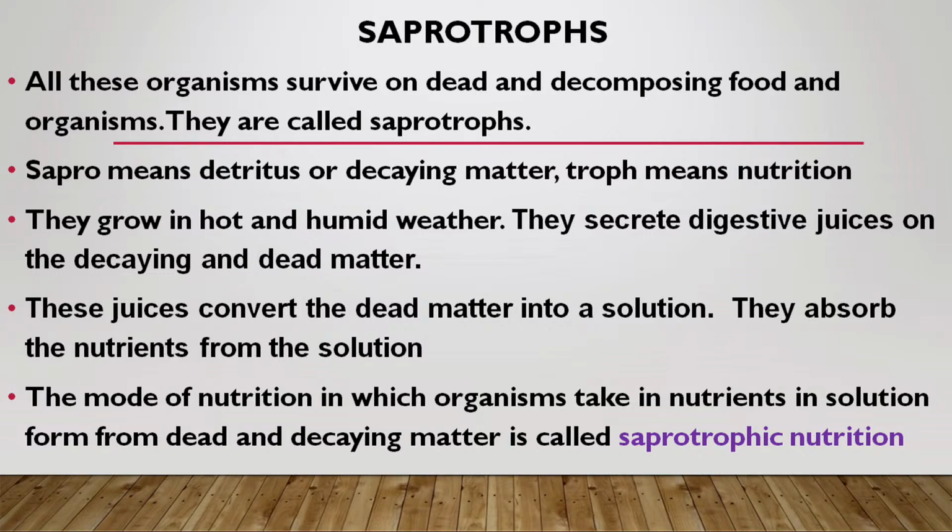So the digestive juice converts that solid dead and decomposed material into solution, and then the nutrients in the solution are absorbed by the fungus. This is how they get nutrition from dead and decomposed material. That is why this is called saprotrophic nutrition, and the organisms which take up this mode of nutrition are called saprotrophs.